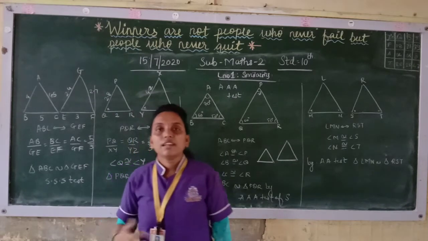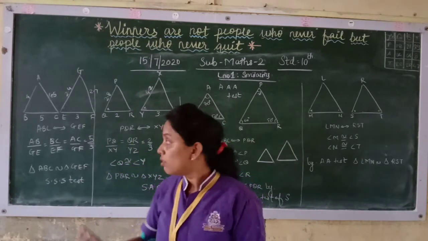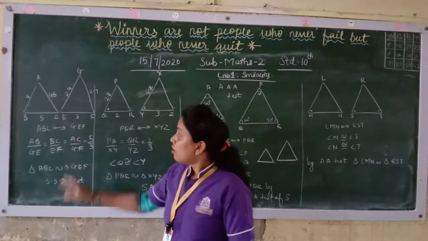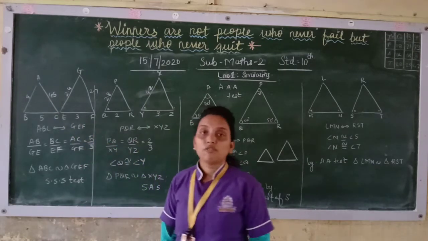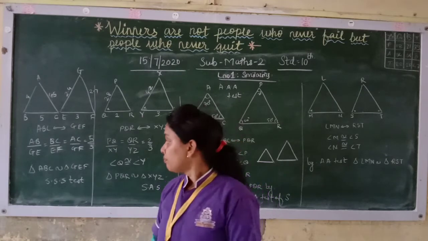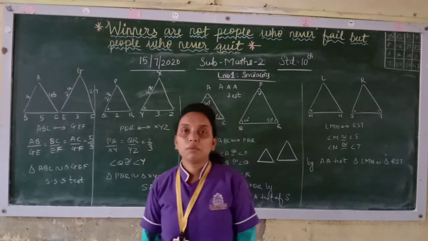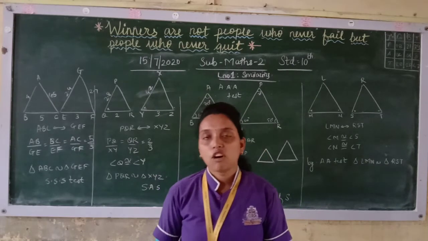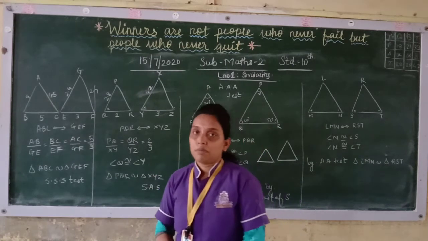Now all three sides are in proportion with each other. The value you are getting is 5 by 3. All the sides have the proportion 5 by 3. So here the triangles will be similar by the SSS test of similarity.